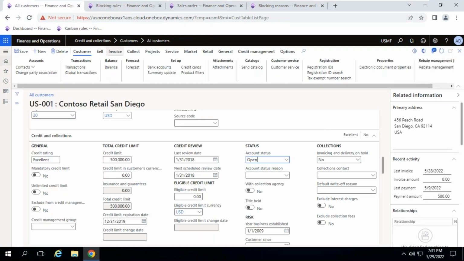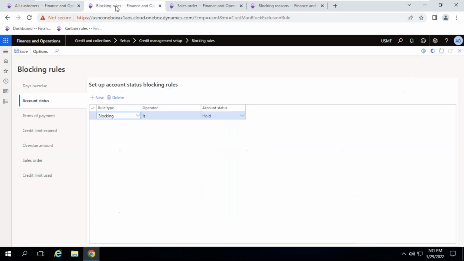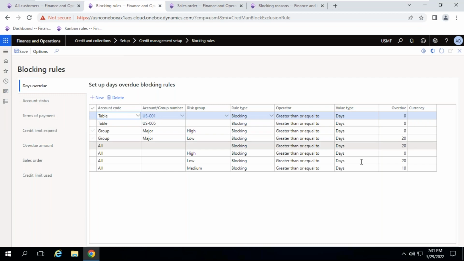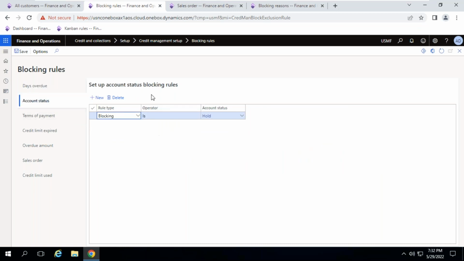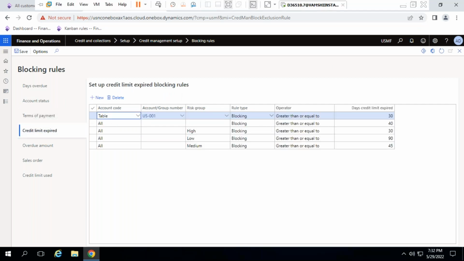They have created an on hold status. If it is hold, I want to stop the transactions. And for terms of payment, specific terms I want to stop. This is not mandatory. One is any invoice pending overdue, that is blocked. If it is account status, some specific statuses, block. Terms of payment, block. Credit limit, block. Like this we can block.